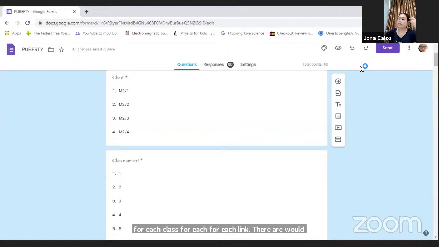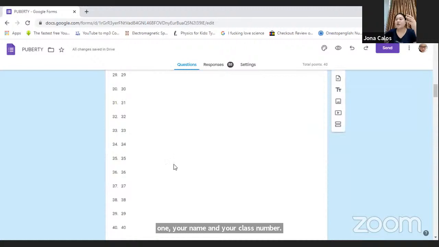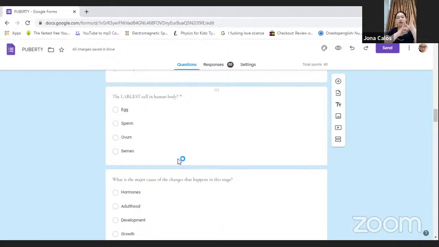The first section would be just this one, your name and your class number. The second section would be your multiple choices. The third one is true or false. And the fourth would be identification or labeling. And there are 5. True or false, multiple choice, true or false, labeling, and identification.